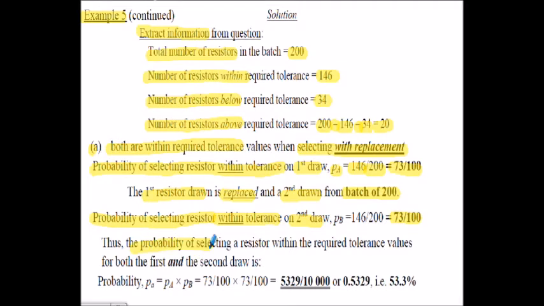Thus the probability of selecting a resistor within tolerance on both the first and second draw is going to be PA times PB, so that's 73 upon 100 times 73 upon 100. That gave us 5,329 divided by 10,000, or in decimals 0.5329, or 53.3%.